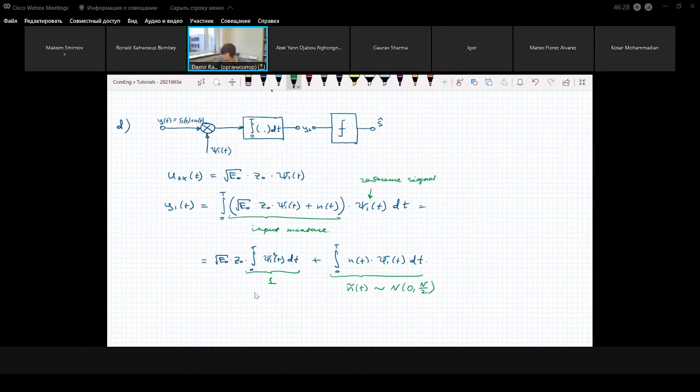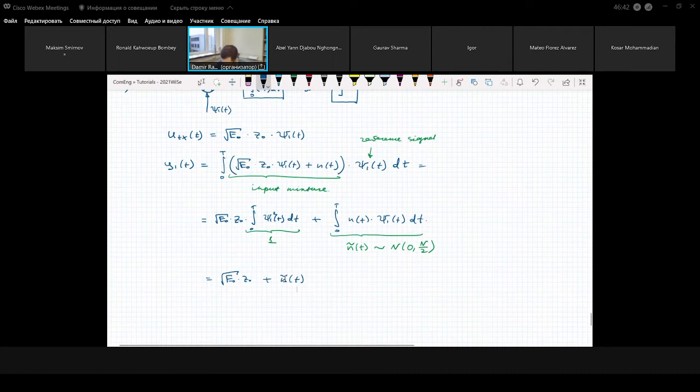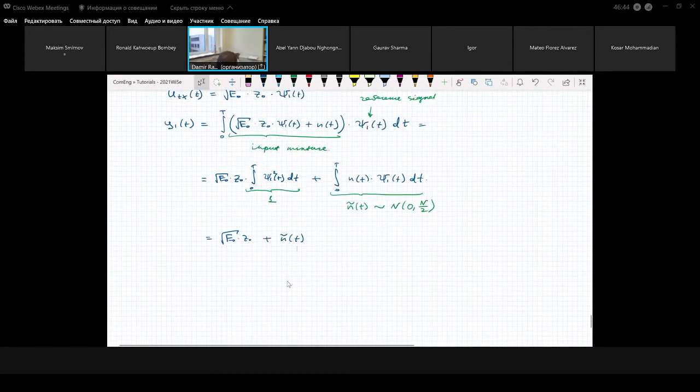As a result, we can write square root of E0 times Z0 plus effective noise. But if we assume that we have no noise, our output amplitude will be simply square root of E0 times Z0.